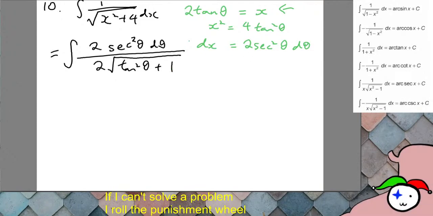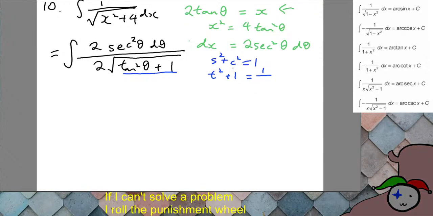And we know that this is an identity we can solve. Basically it's sine square plus cos square equals 1 all over cos square again, which we've done. So tan square plus 1 equals 1 over cos square, so it's secant square.